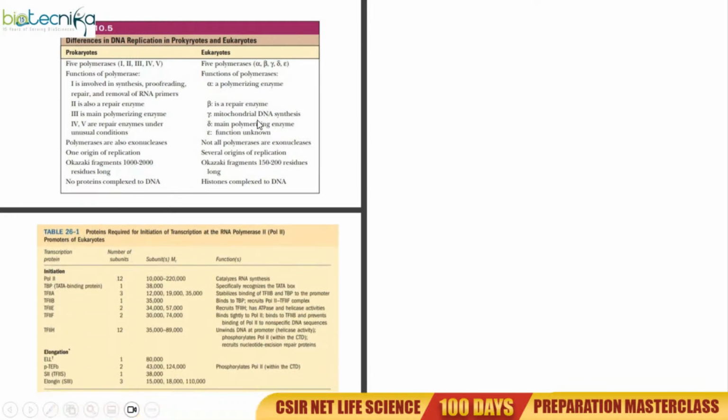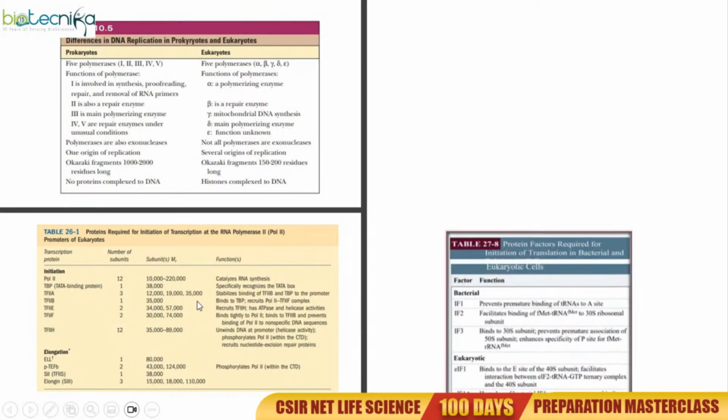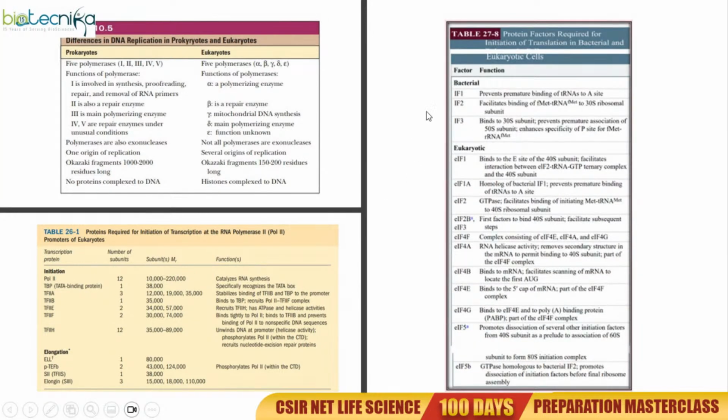Similarly, take the case of transcription. In case of transcription, prokaryotes, nothing much is there. But yes, when it comes to eukaryotes, you'll find a lot of transcription factors are involved. When it comes to translation, again, you can compare the bacterial part and the eukaryotic part. So basically, when it comes to these kind of processes, better go for comparison.